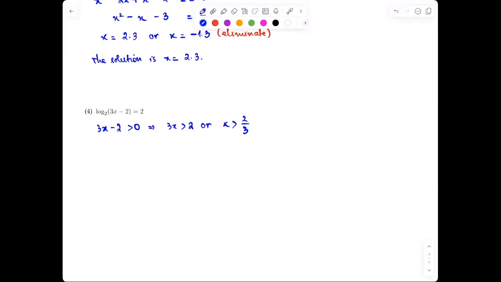So in this case, you have base 2. What you do is you do 2 raised to log of base 2 of 3x minus 2 equal to 2 squared.